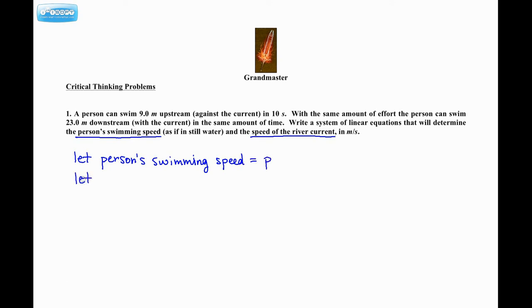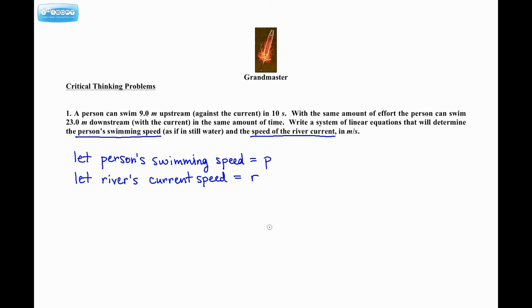And let the river's current speed, I'll call that R.